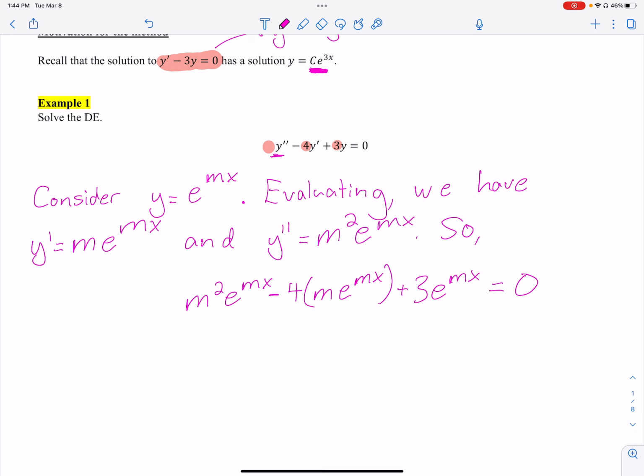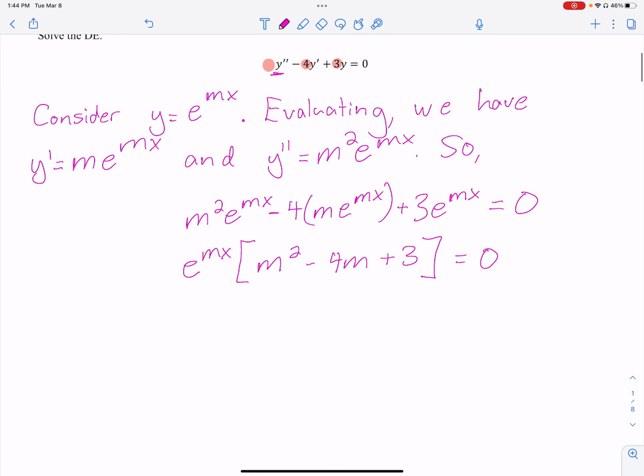If we can make this solution work, notice that everything has an e to the mx. So I'm going to factor out e to the mx, leaving me with m squared minus 4m plus 3. Now, back to pre-calc 1. When I have two things multiplied to equal 0, one of them has to be 0. This term here, e to the mx, is not going to ever spit out 0.